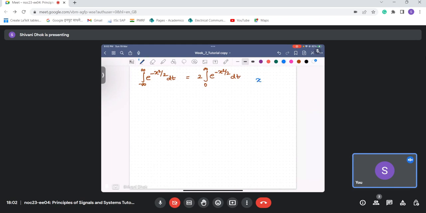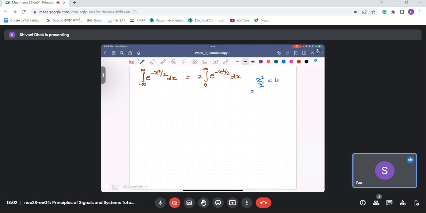Then what I can do is set x square by 2 equal to t.